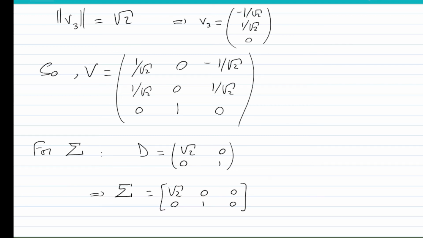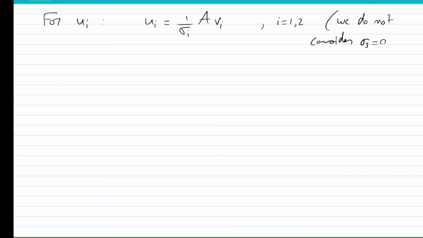And finally, recall that for the matrix U, we use U_i equal to 1 over sigma_i times A V_i, for i equals 1, 2. We do not consider sigma 3 equals 0.